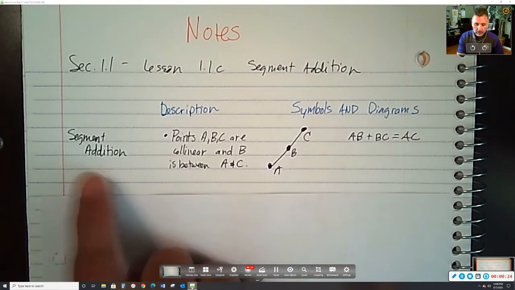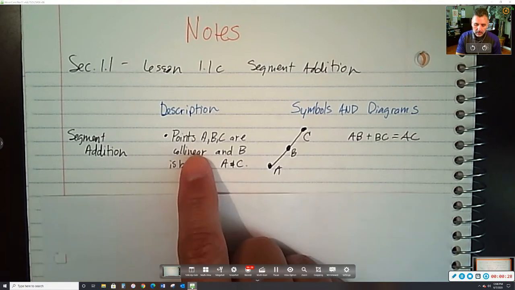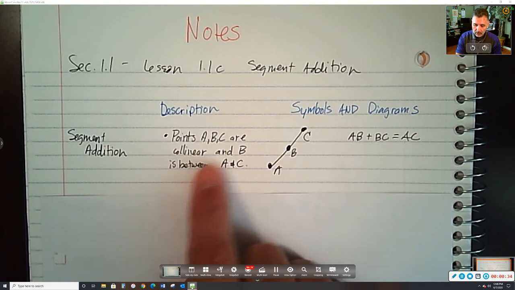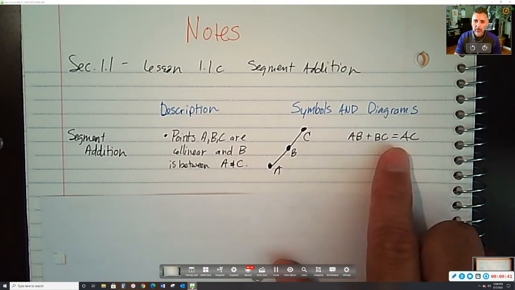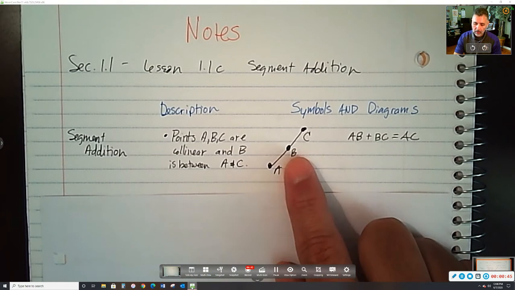And here we have segment addition, and it's defined as: if we have 3 points, A, B, and C, and they're all collinear and B is between A and C, then they have this relationship here, where you have the segment AB and then BC.